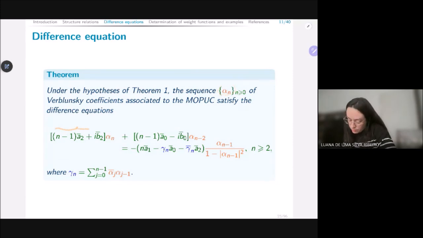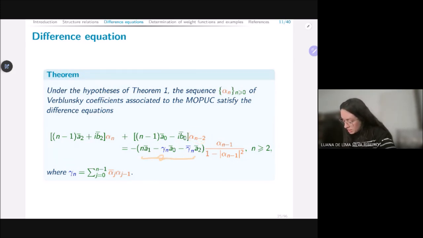So here we have something that depends on the coefficients of the polynomials a and b, that multiply here the Verblunsky alpha n. Here also it depends on the coefficients of polynomials a and b, that multiply alpha n minus 2.